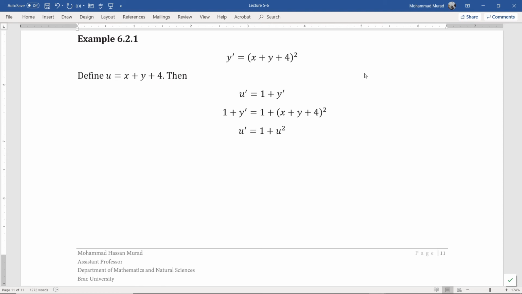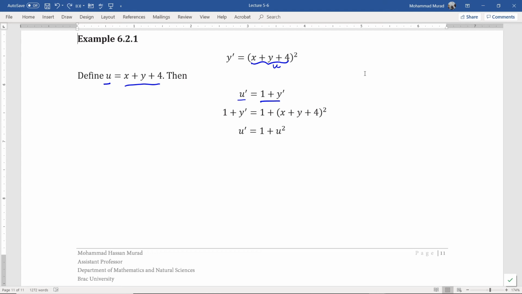We define the new variable u equals x plus y plus 4. Then by differentiating this new variable u with respect to x, we get u prime equals 1 plus y prime.